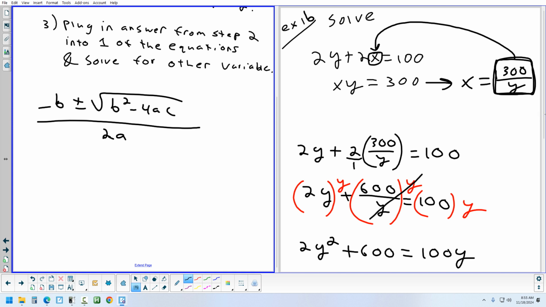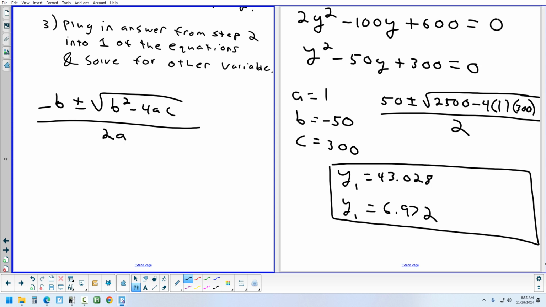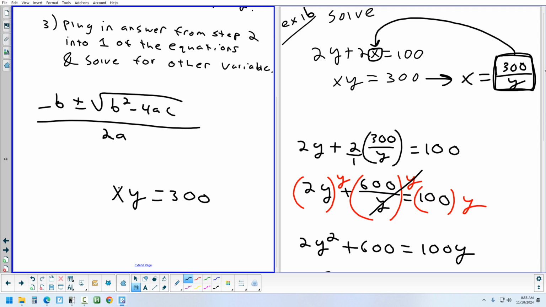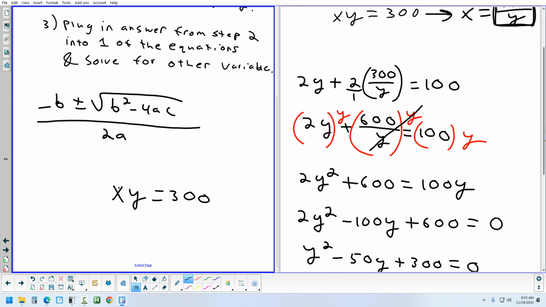We know you could use either one of these to find the x value. Which one do you think is going to be simpler? Bottom. Yeah, the bottom. We know that x times y equals 300. Okay, that's the one we solved originally. If you look at the formula, we're trying to solve for x. We already have a formula right there for x. Just take 300 and divide by your y.